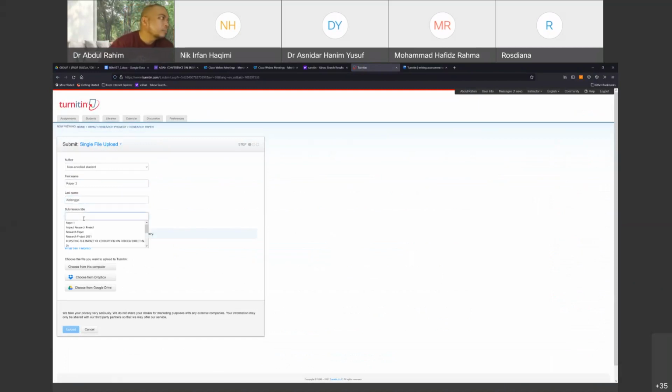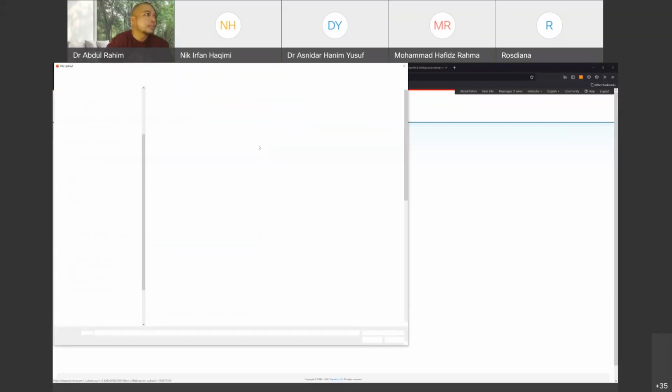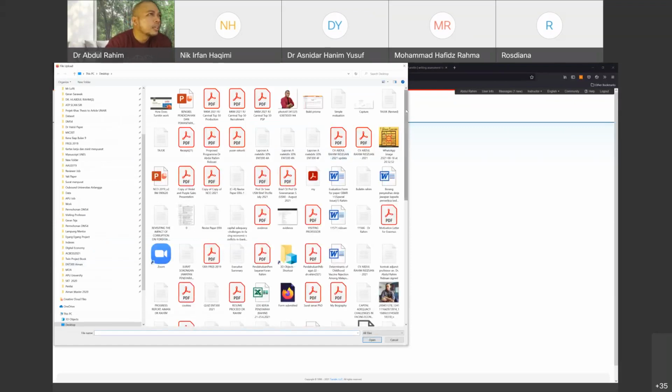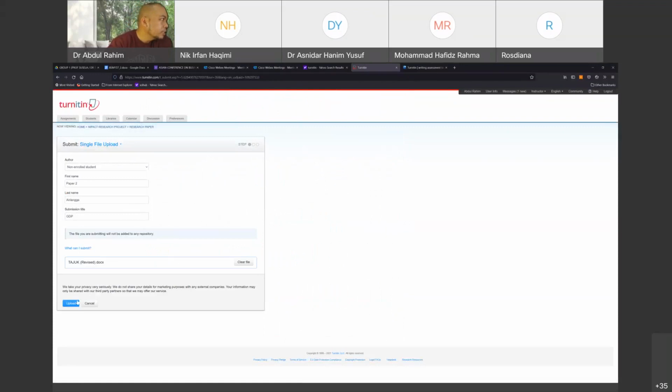Okay, ini macam tajuk paper lah, saya tak nak buang masa sini. And then kita choose from this computer. Okay, ini adalah proses kita upload the paper. Okay, ini saya menghentam je bukan paper pun, saya masukkan je.